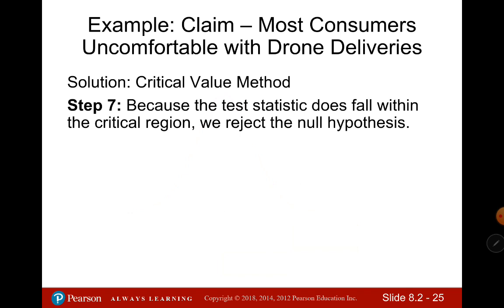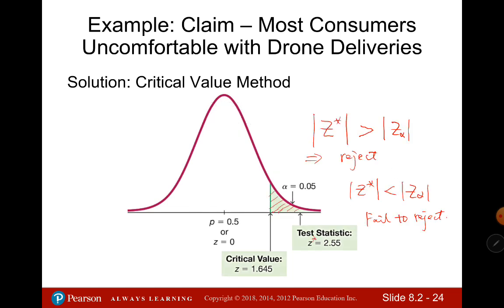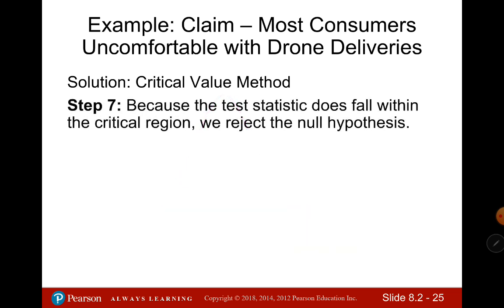Step 7, we get the same conclusion. We compare the two z's. This time 2.55 has the greater absolute value, so we reject our null. We always get the same conclusion using the critical value method and the p-value method.